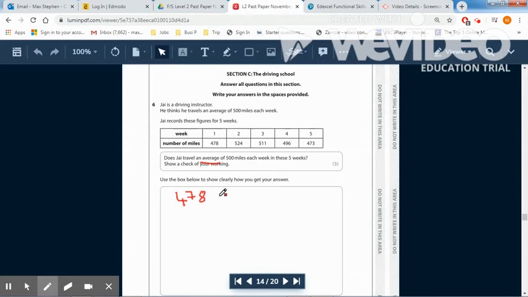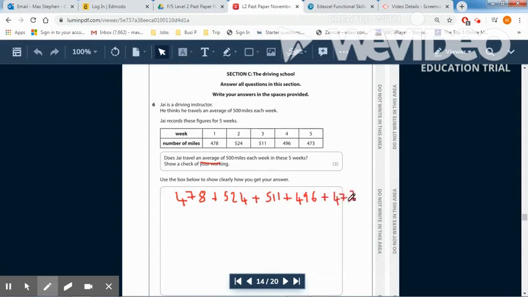So 478 plus 524 plus 511 plus 496 plus 473.